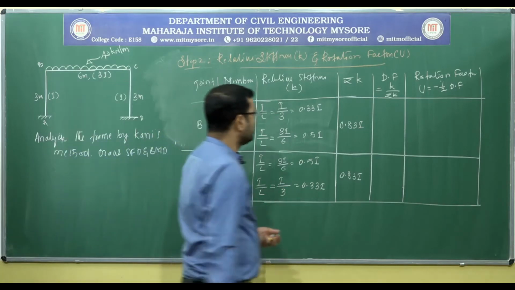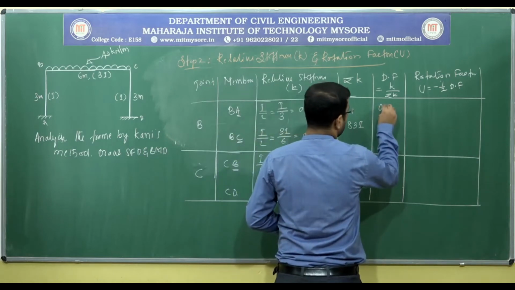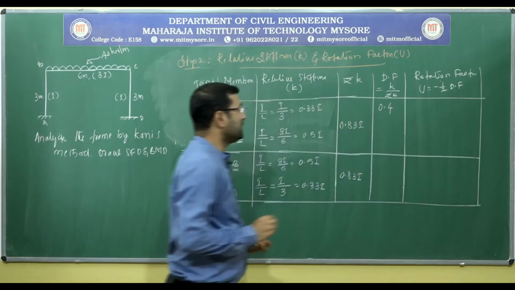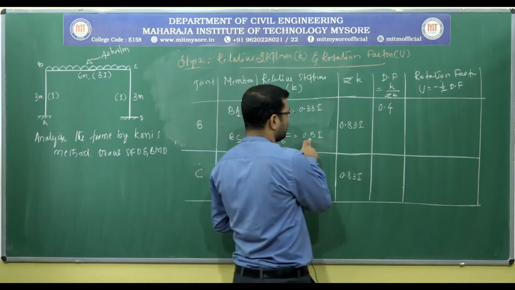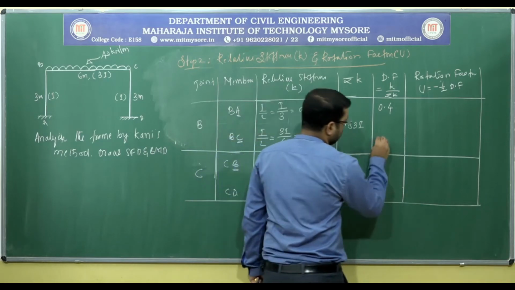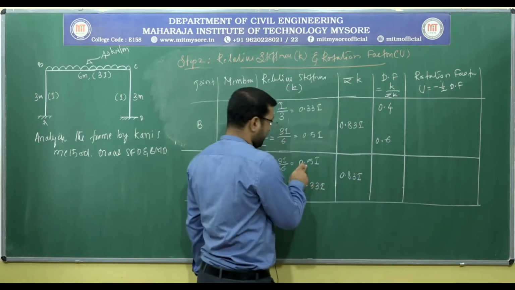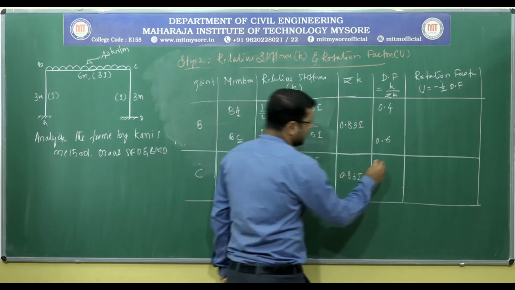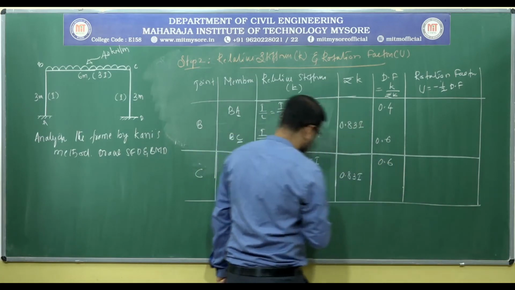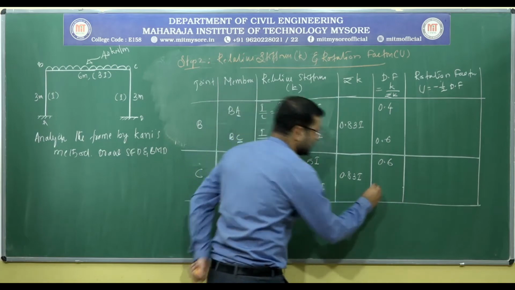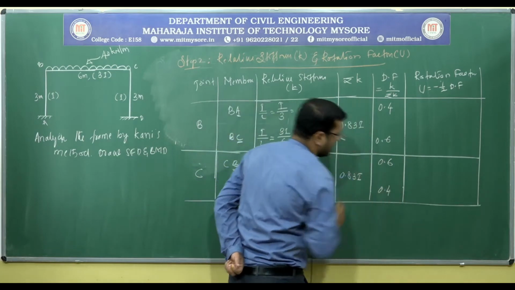Here we will get 0.4 as the distribution factor, and similarly 0.5 by 0.83 we will get as 0.6, again 0.5 by 0.83, this is also 0.6, and 0.33 by 0.83, it is 0.4.